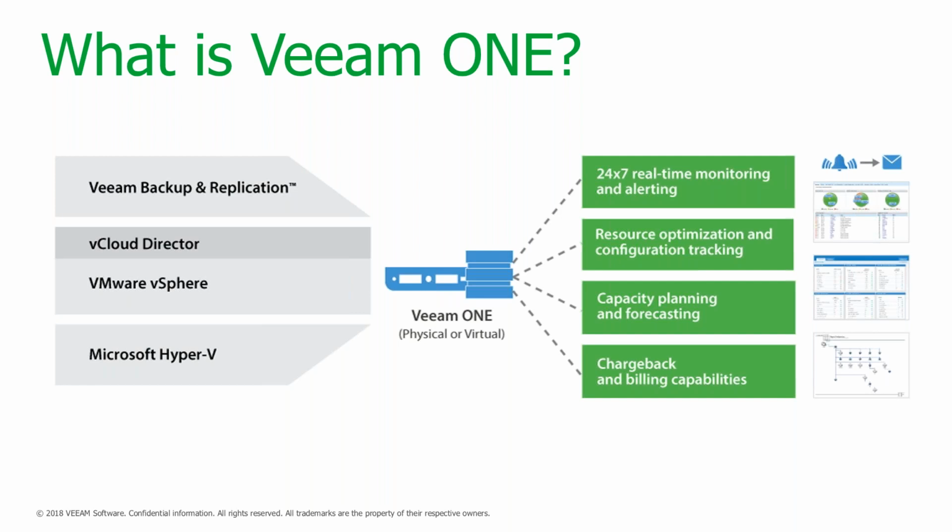It looks at resource optimization and configuration tracking, ensuring current configurations match known best practices. Also capacity planning and forecasting reports with things like what-if modeling and resource overcommit tracking, and with the recent addition of chargeback and billing capabilities, it gives you complete visibility into the cost of the provision of services within your environment.